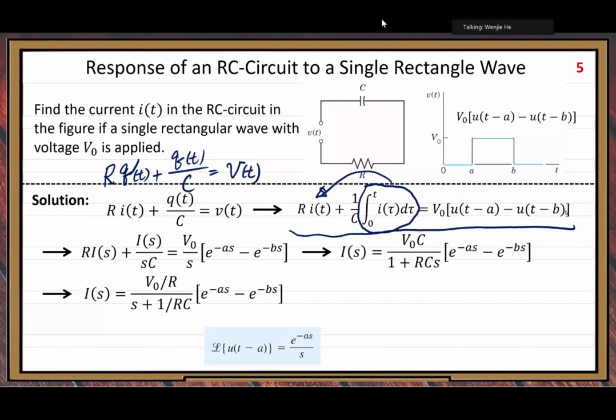So now let's do some analysis. How do we apply the inverse Laplace transform? For the E part, we have the second shifting theorem. There are two fractions, so you multiply out. Each one has an E function in the numerator, and for that E function we use the second shifting theorem, so we can take care of it.